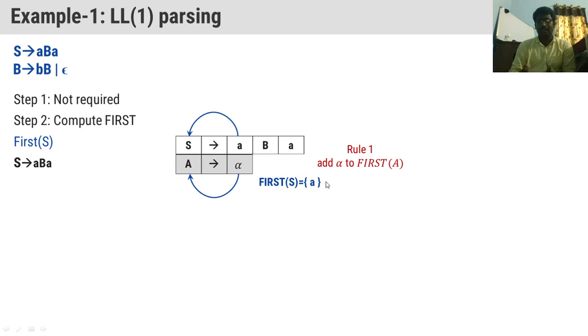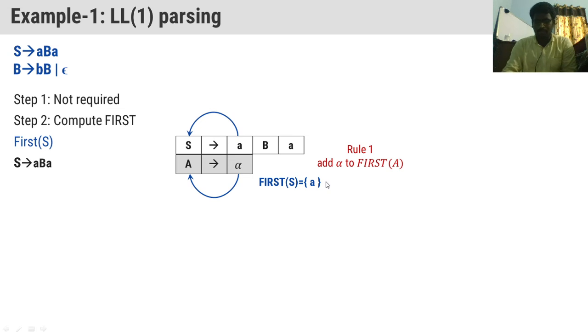I am trying to tell you very clearly: the first set of S is nothing but the starting symbols of the S productions. Here S has only one production. Sometimes S will have multiple productions. During that time, we take all the starting symbols in all the productions of S. I am talking about only S, because we are finding the first set of S.